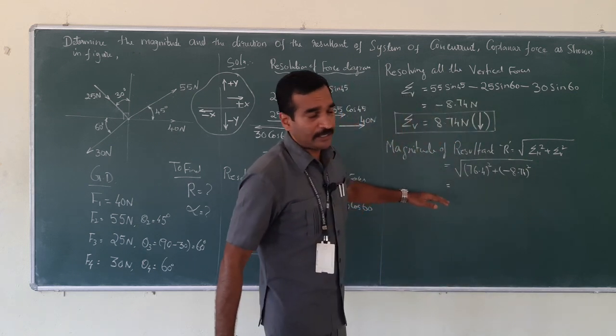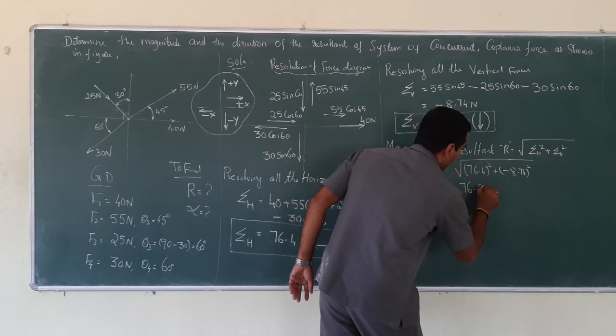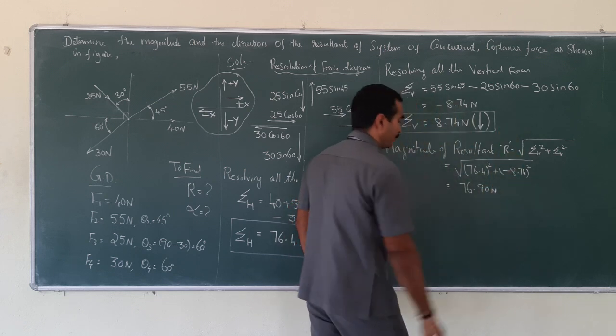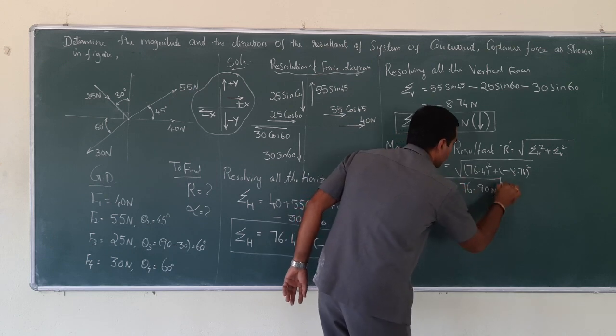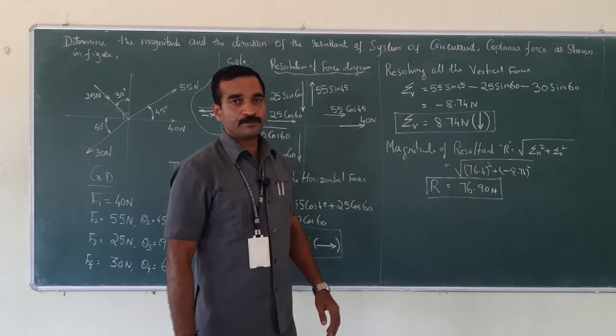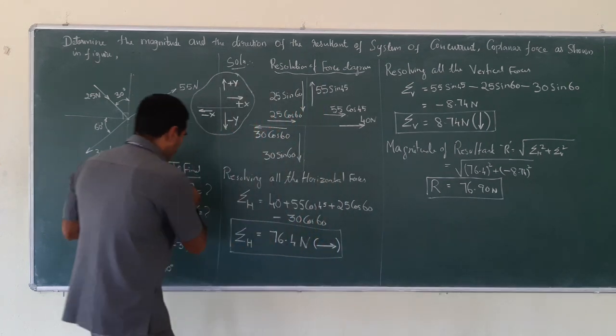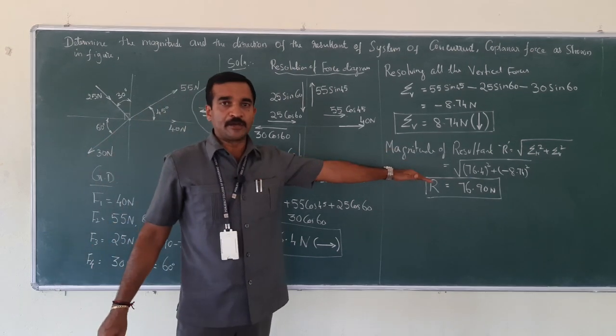By using the calculator, you can arrive the value which would be roughly 76.90 Newton. The resultant value, R value is 76.90 Newton. So we are halfway through because the resultant has been arrived.